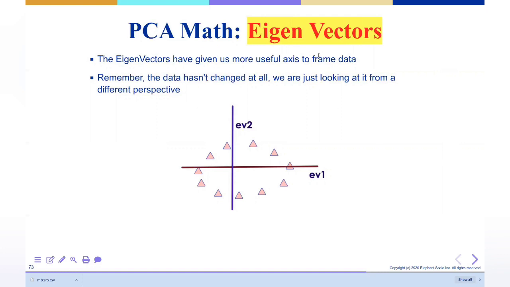You probably encountered eigenvector calculation if you did advanced math in high school, like advanced placement. But it's pretty straightforward, it's just vector manipulation.